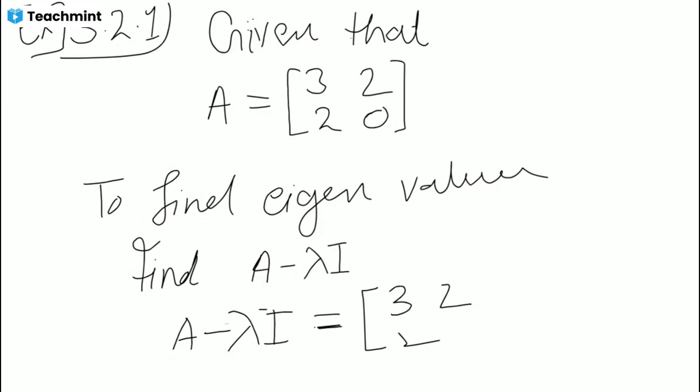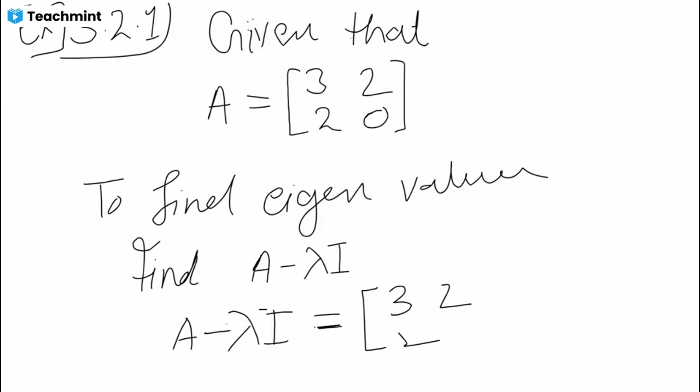This is x2. We are multiplying 2x1 plus x2, and we equate the null matrix one by one, each component.